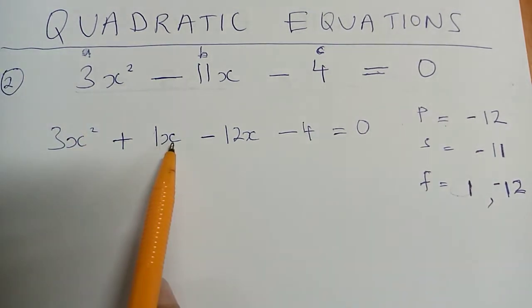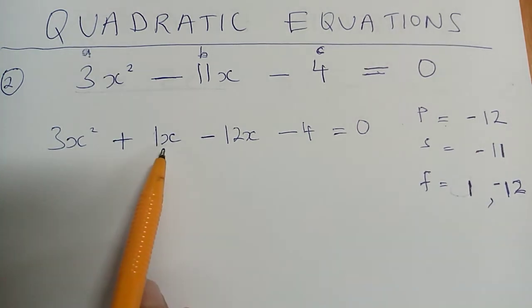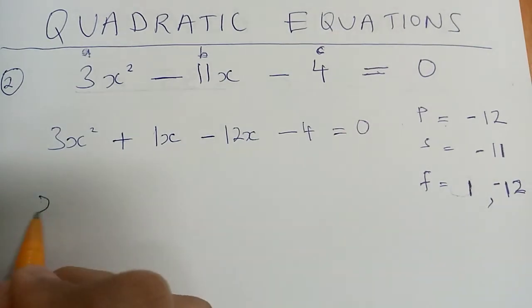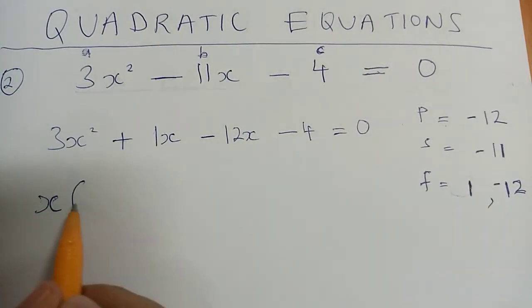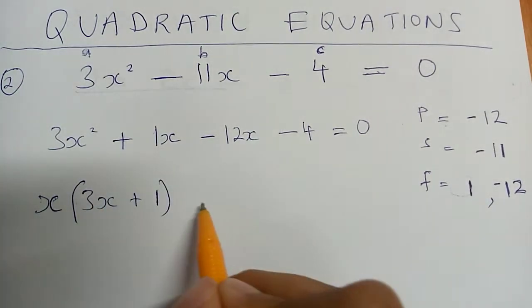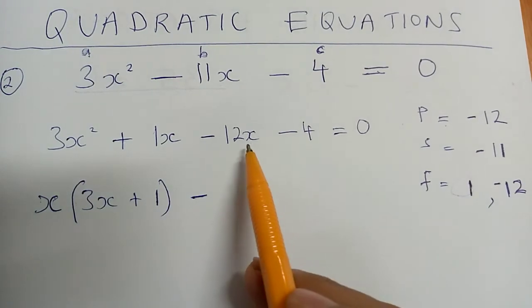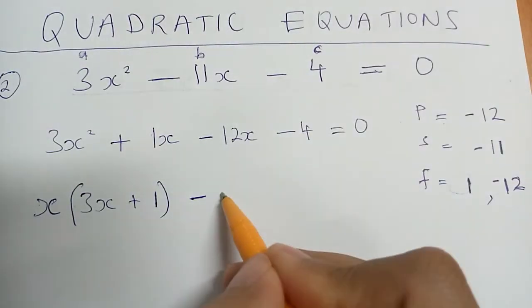So 3x squared plus 1x, which common factor lies in between these two numbers? It is x. Pull x outside the bracket and then open the bracket. X into brackets, 3x plus 1 minus, between 12x and 4, which common factor do we have? We have 4.